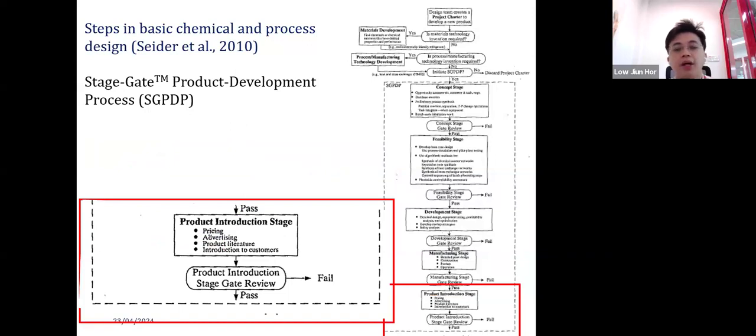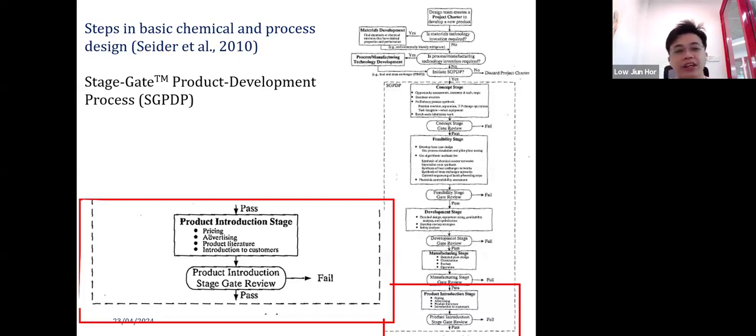Once we can officially use the chemical plant to produce our product, now it's time to determine the price of the product that we are going to commercialize to the market. What is the marketing strategy? Which YouTuber are we going to pay to introduce our product?